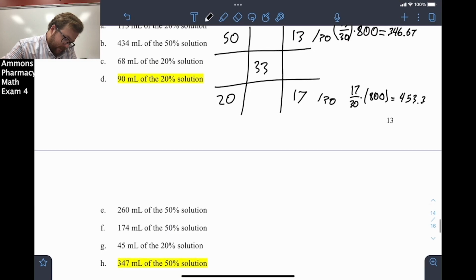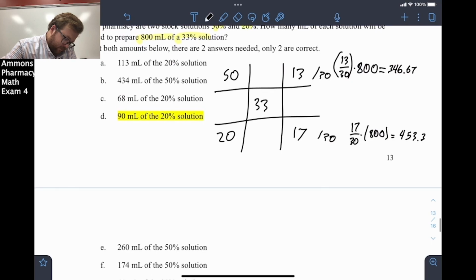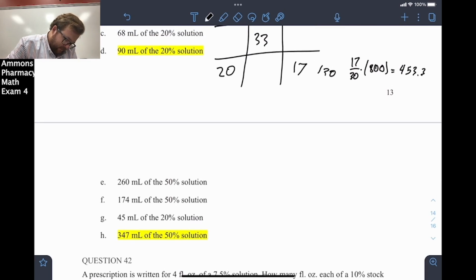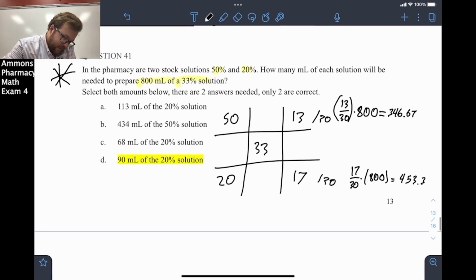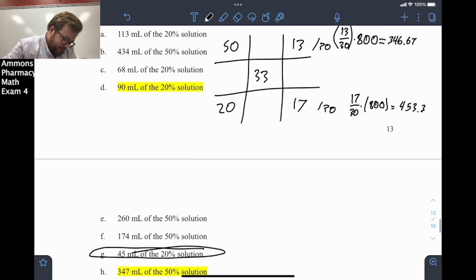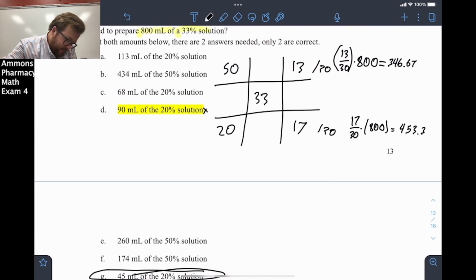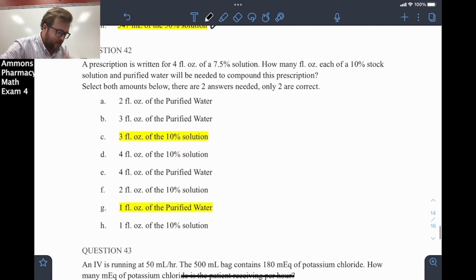Was this one that I was missing a number? I should have 453 of the 20%. So this one I need to correct. And I should have 346 of the 50%. So that one's good. This answer is just not right. So I need to change that answer. Oh, that's the one I wrote on the board. Okay. Tossing that one.